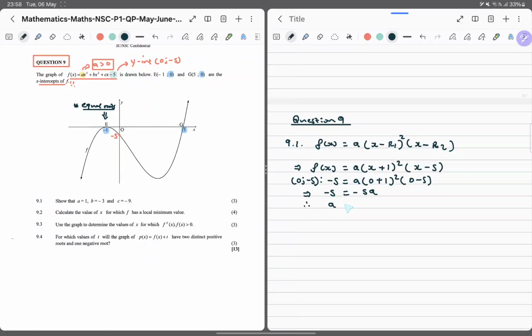We can see that our a is 1. Kitchen is done, it's dusted, done and dusted, already.